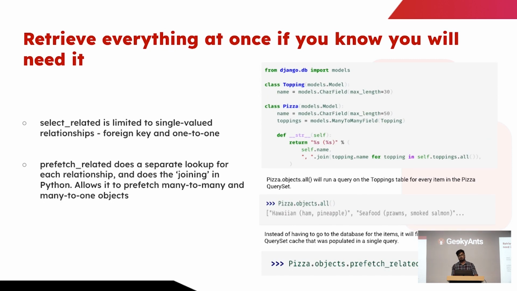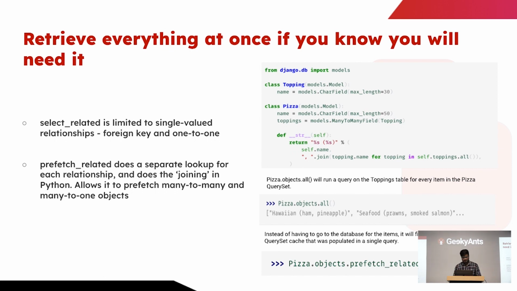Next thing is, okay, for one foreign key it's fine. But what happens if you have many to many relationships, and you have a complex mapping of models with foreign keys and all that? That is where prefetch comes in handy.